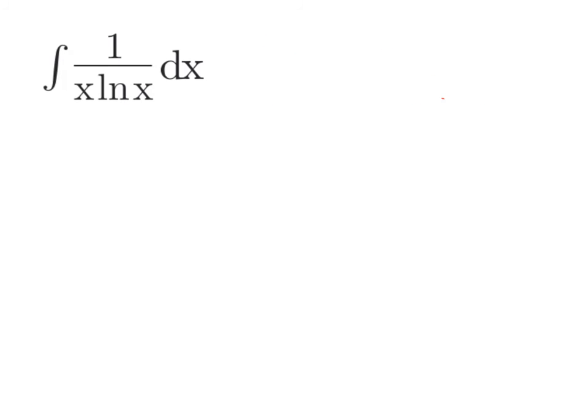We still have all of our other rules and stuff, so let's use that change of variable method where we let u be just the inside of that function. I'm gonna be very deliberate about this, and I'm gonna let my u be the natural log of x. Then du would be 1 over x dx. We can go back to our integral here and rearrange this.